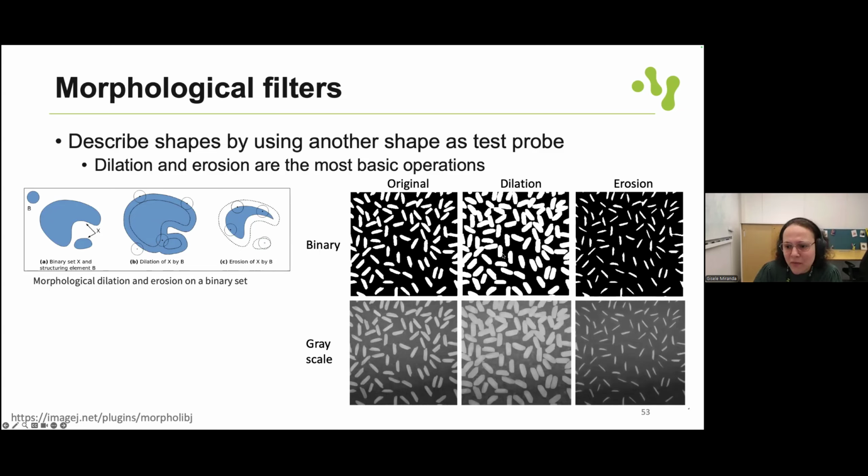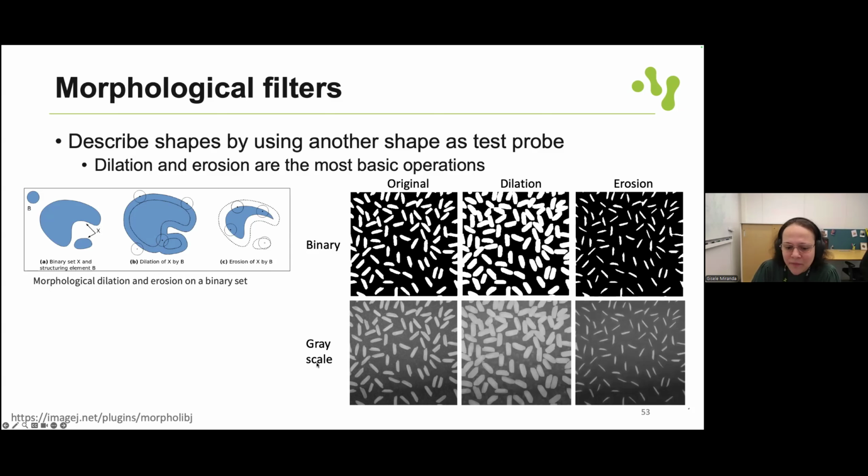So you can perform these operations like dilating objects or eroding objects. This can be done both in binary cases, for instance the results of segmentation, and in grayscale images.